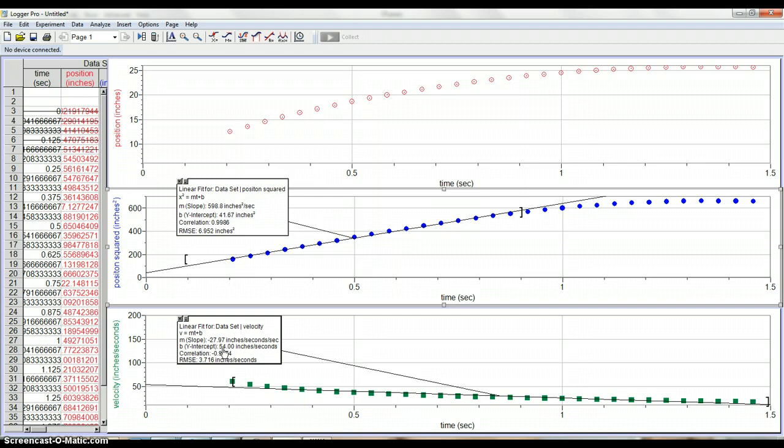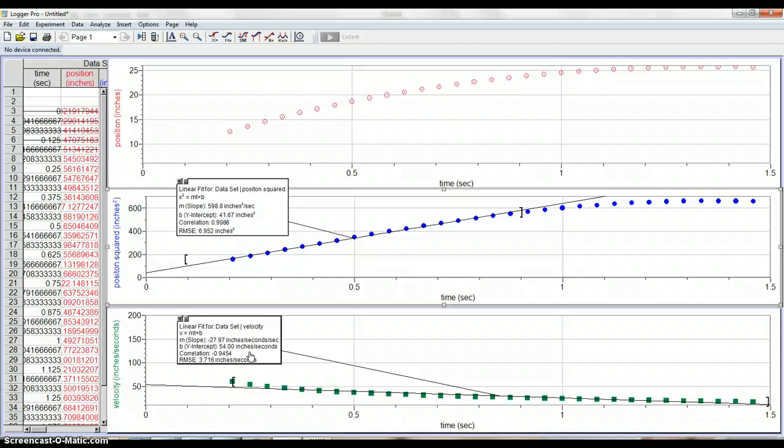And then that's the acceleration of this object, and we know our initial velocity, which is the vertical intercept, is 54 inches over second. So we made our formula velocity equals negative 30 inches over seconds squared times time plus 54 inches over second.